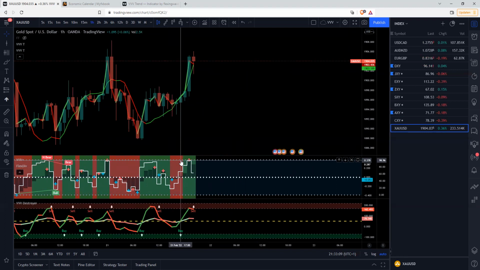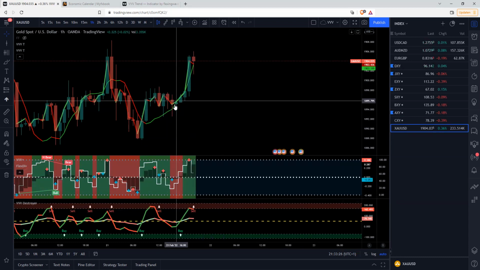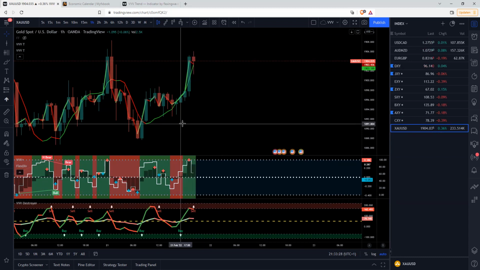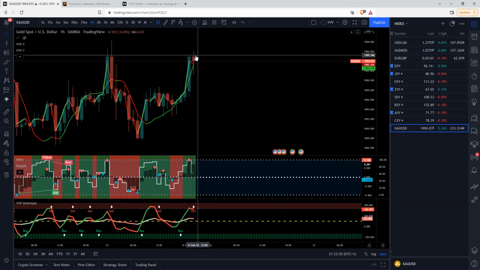At least 4 colors. When you get at least 4 colors, then yeah, you can go with it. If any confirmations are matching, like the crosses, the zero lines, the break, when everything is matching, then don't hesitate and go with it.